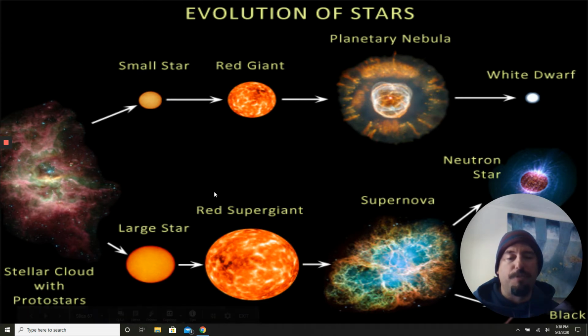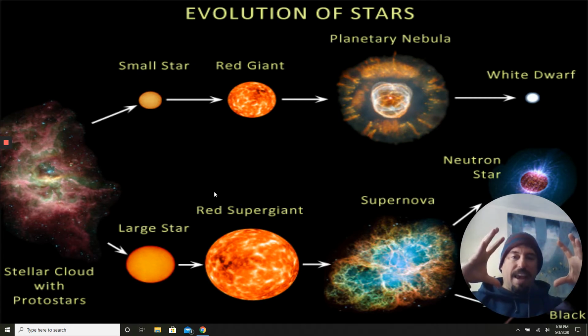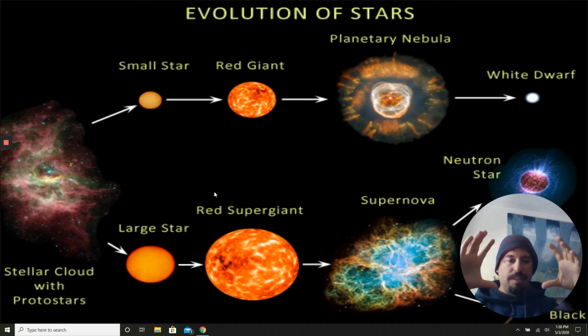So they're fusing hydrogen into helium, which is producing a large amount of energy, and that energy's making the explosion that's the star, right? And what happens is energy that's being pushed out through the fusion process is balancing with the gravitational pull.